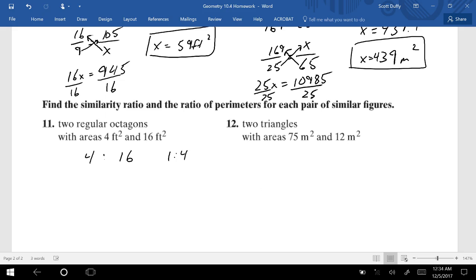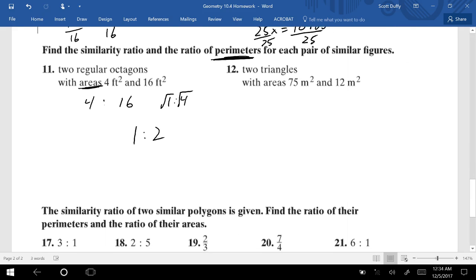Now, if we're going from the area ratio and we want to find the perimeter ratio, what we have to do is square root both of these. Square root of 1 is 1. Square root of 4 is 2. So we said that the area ratio was 1 to 4. Perimeter ratio was 1 to 2.